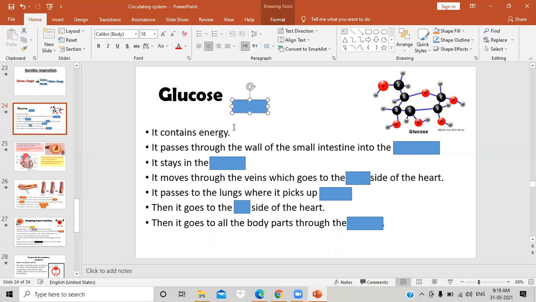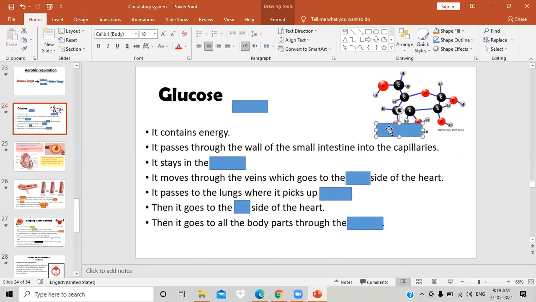So the glucose breaks down and starts to produce energy. Without glucose, without oxygen, without your body's ability to make this reaction between the oxygen and the glucose, your body will not be able to produce energy.